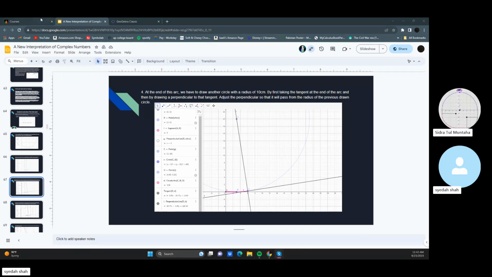Have we done that? No, we have not. It is written that to draw the circle of radius 10 centimeters, first we take the tangent at the end of the circular arc, then the perpendicular to that tangent, and on that perpendicular we draw a circle of radius 10 centimeters.